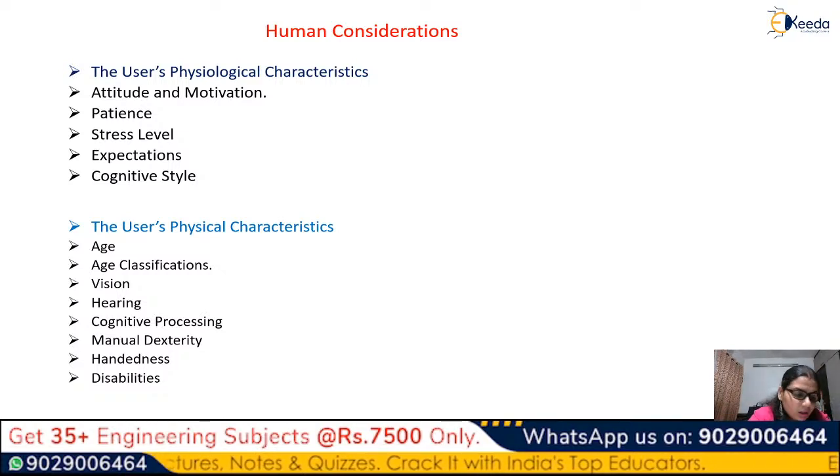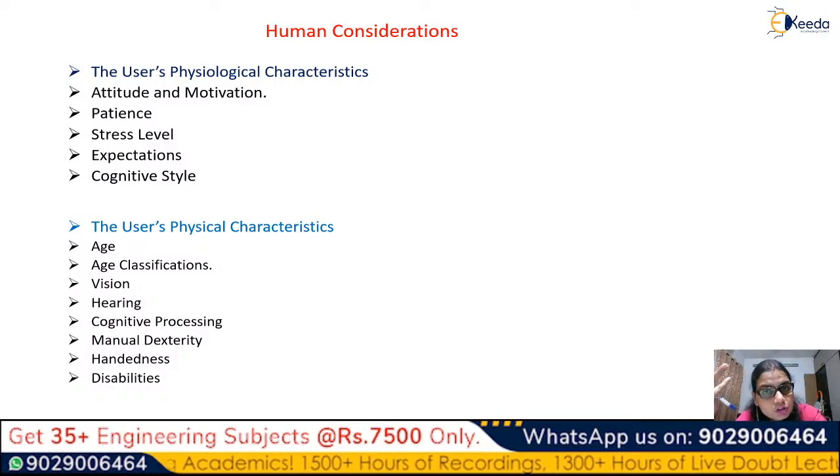Later we'll see user psychological characteristics and user physical characteristics. Now, what I talked about were the prior things you need to take into consideration while building up your interactive systems. But now you need to think in a psychological way.